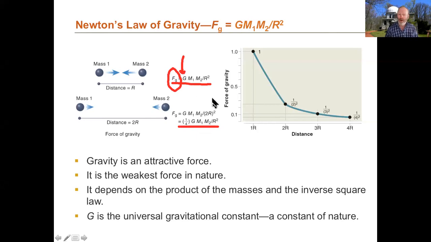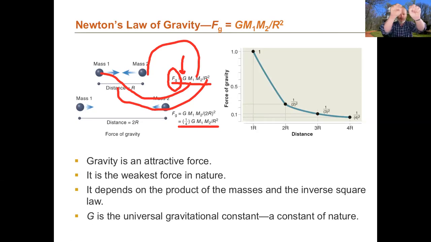It's just a number to make the rest of the equation balance out. Then we have our M1, that's here, and we have our M2, that's here, and we have our distance, R. That's it. So we have M1 and M2 multiplied together, divided by R, the distance squared.